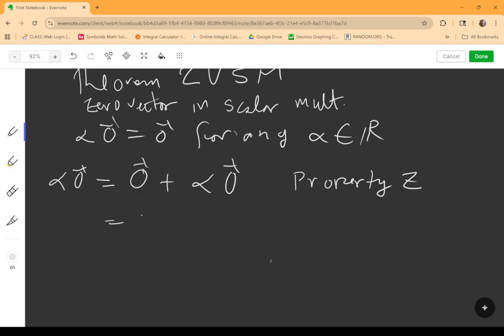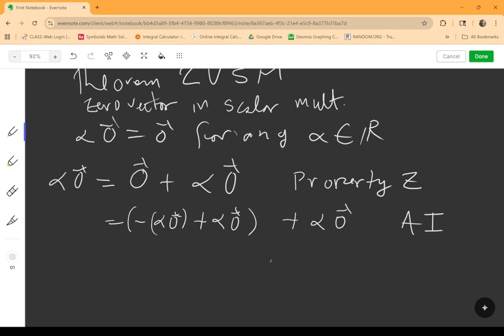That says negative alpha times the zero vector plus alpha 0, right? So the additive inverse tells me that is equal to the zero vector. And then we have alpha 0. Okay. All right, and again, this is property AI.